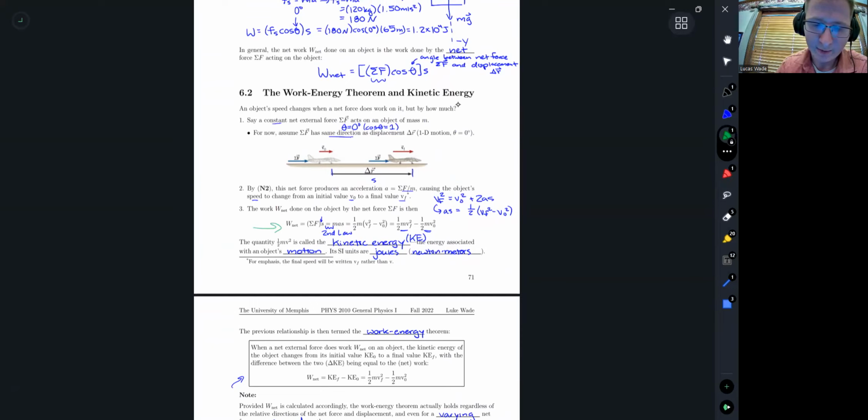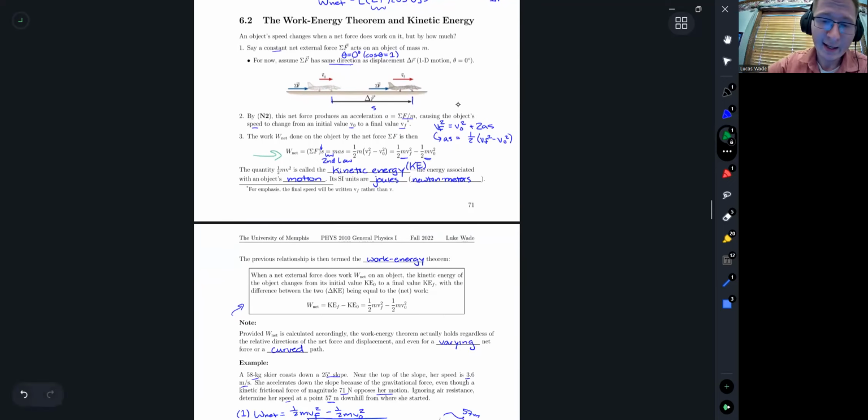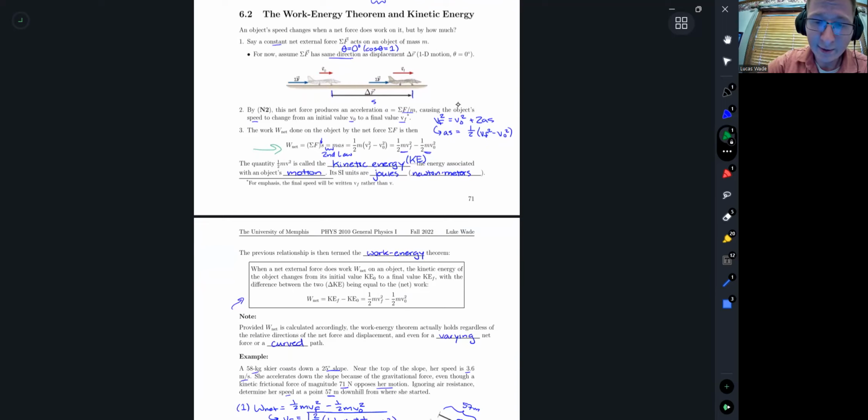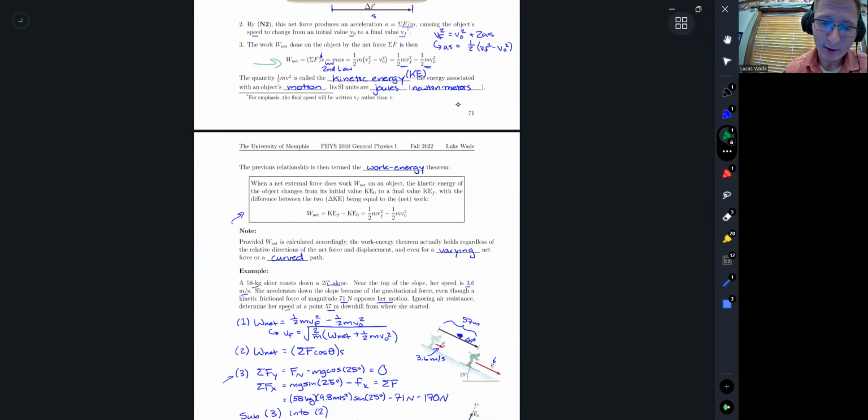The work energy theorem says if you have a net force doing work on an object, or if you combine the work done by all forces to get a net work, that is what changes the kinetic energy of the object, where kinetic energy is 1/2 mv squared. You want to be able to apply that to find the net work acting on something and its resulting change in kinetic energy.